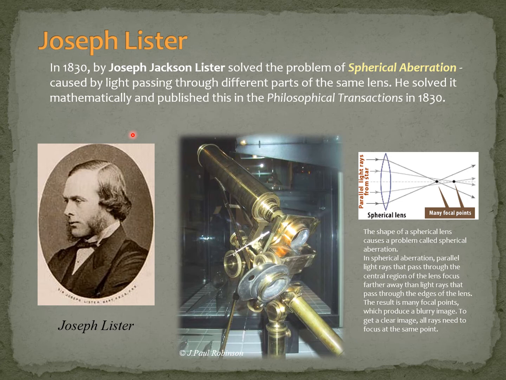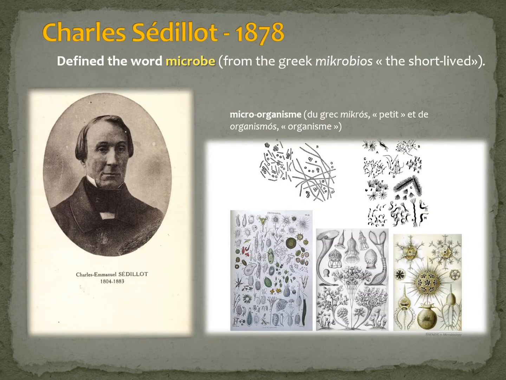He published his discovery in 1830, and this has allowed the construction of lenses that are capable of correcting the spherical aberration that we were just mentioning. So this allowed the manufacturers to design lenses already prepared to correct spherical aberration.